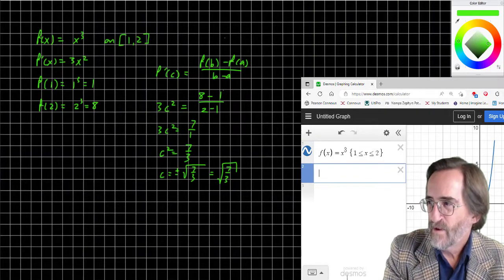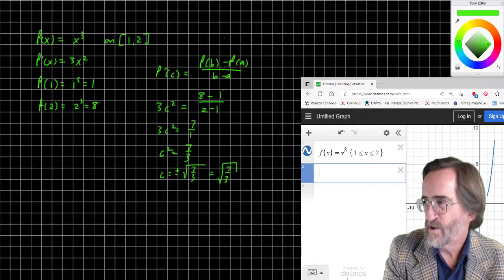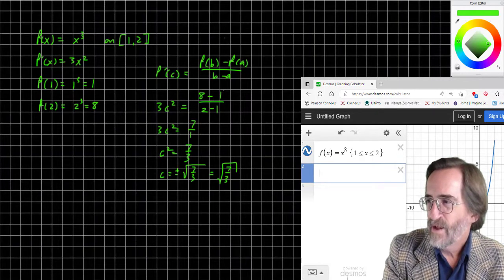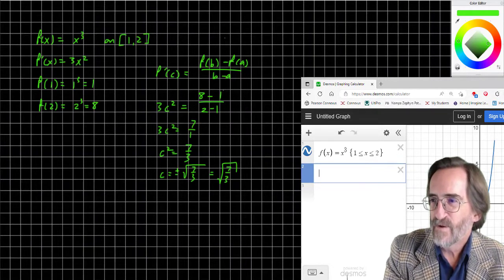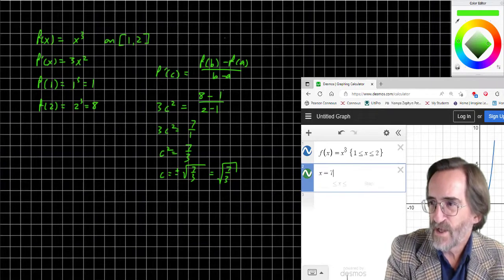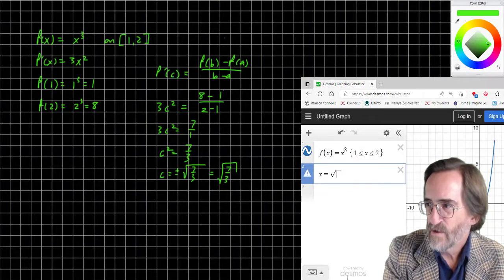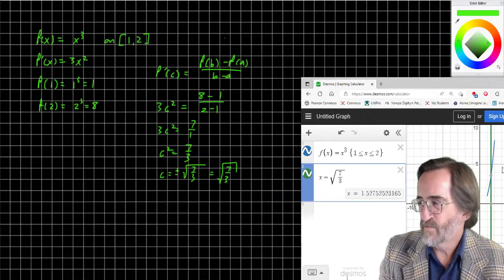Okay, and so there's our graph, and we have c equals the square root of 7/3. So x equals the square root of 7/3. So that's the point guaranteed.